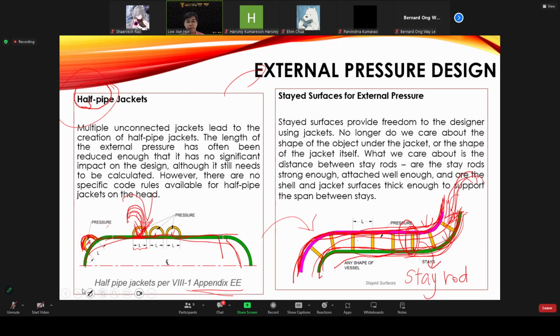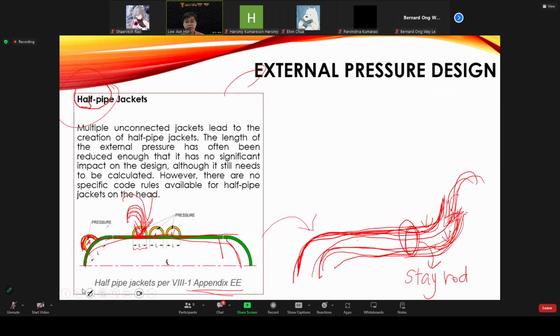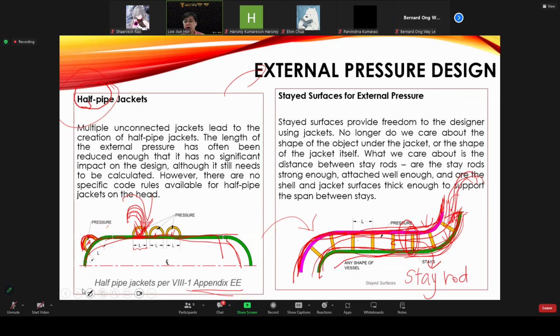So for example, this one, you see, is known as a dimple jacket, and a dimple jacket is actually a form of the stay surface design. What is stay surface design? We strengthen the outer surface of the pressure vessel by using the stay root.